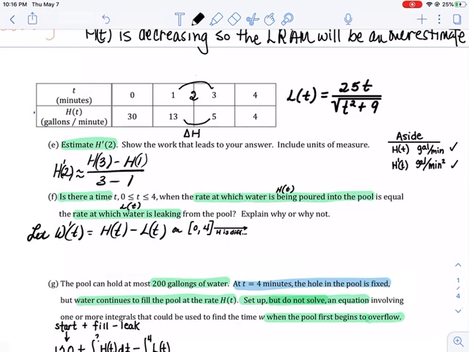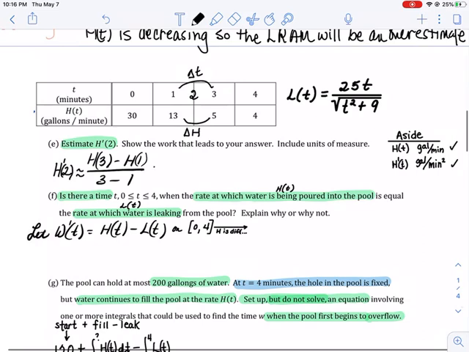I can get the change of h and over here the change of t. So I say h of 3 minus h of 1, and h of 3 is 5, h of 1 is 13, and then that's over 2.